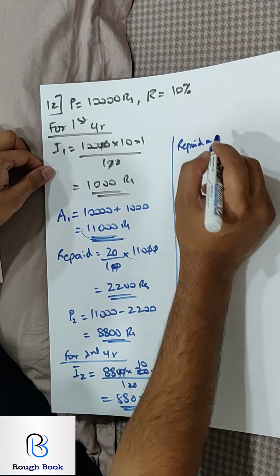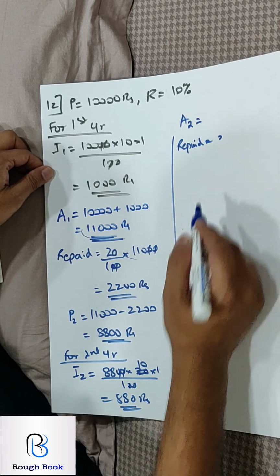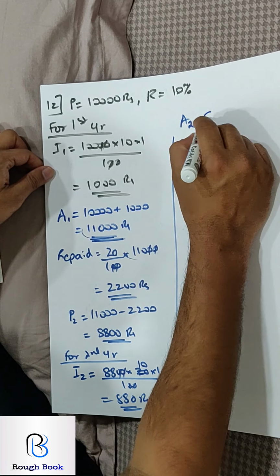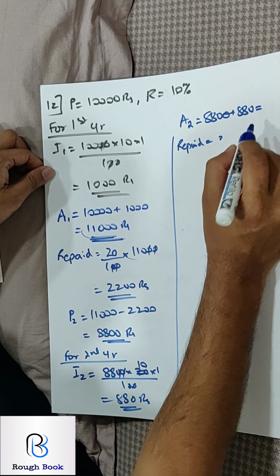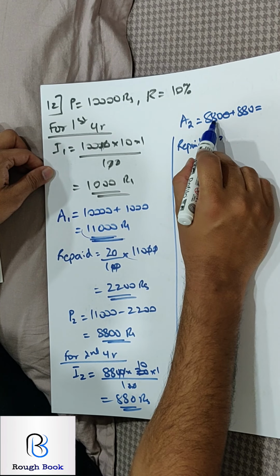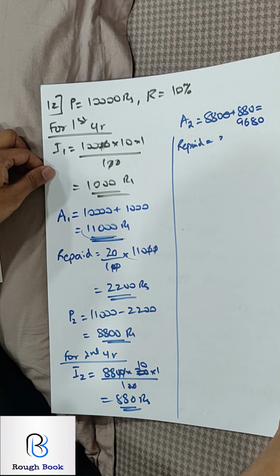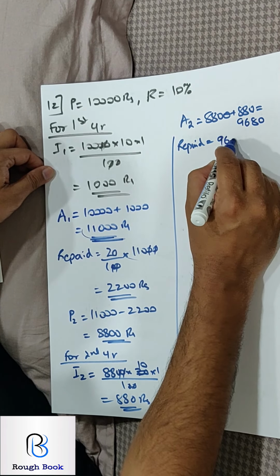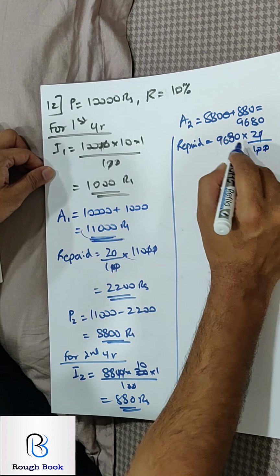Because it is different for each year. Before that I'll have to calculate the amount at the end of 2 years, which is 8,800 plus 880. So that should be what? 9,680. Am I right? And then take this 9,680 and calculate 20% of that for repayment.